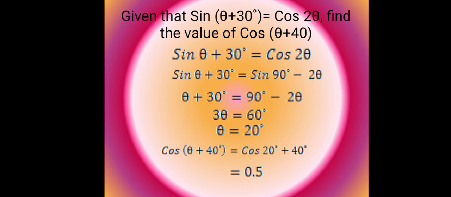Now drop the signs and solve for theta. Theta becomes 20 degrees. Now cos theta plus 40 means we have 20 degrees plus 40 degrees, that is 60, and cos 60 degrees is 0.5.